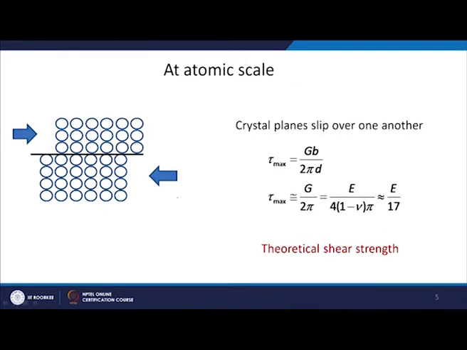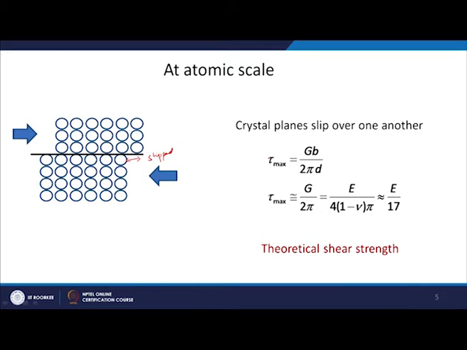If you have a shear stress acting on the system, then sliding takes place of one crystal plane over another, and that is how you can produce the slip. So, this upper part has slipped with respect to the lower part. If I want to know how much shear stress will be required, what will be the maximum shear stress required to do this kind of process.